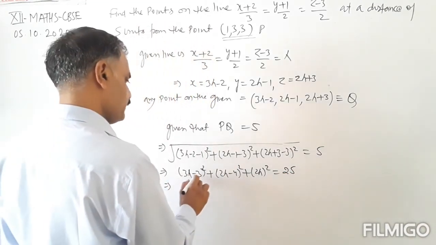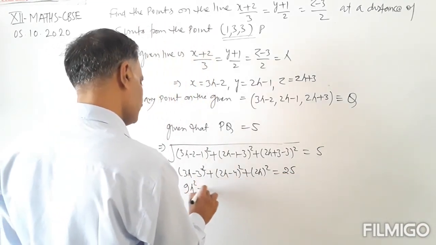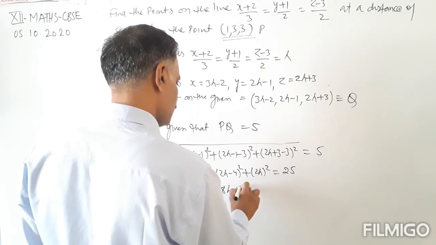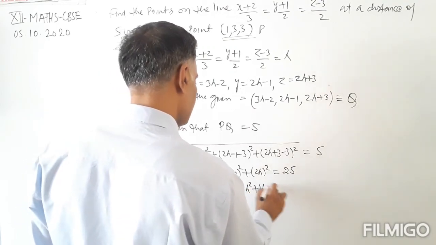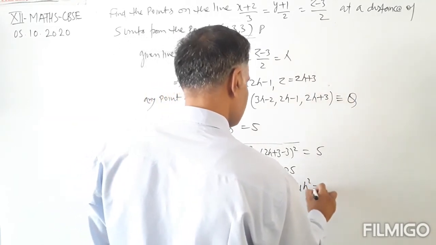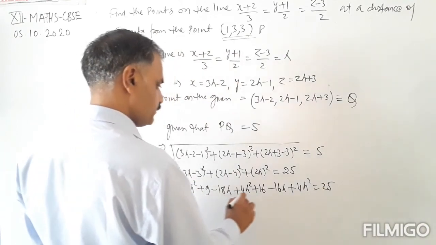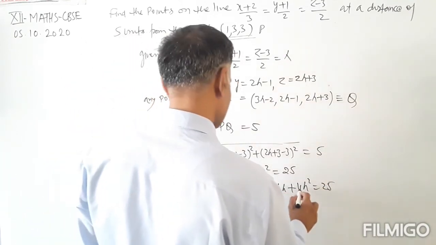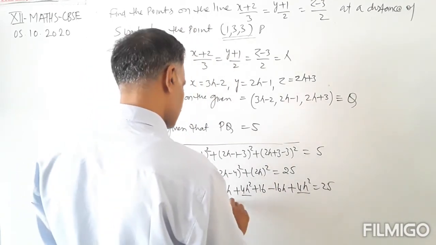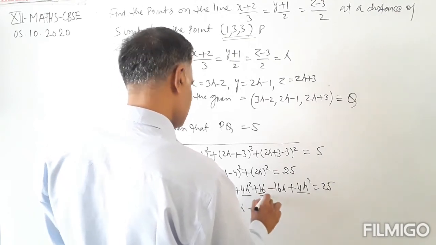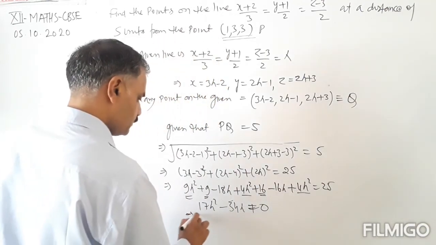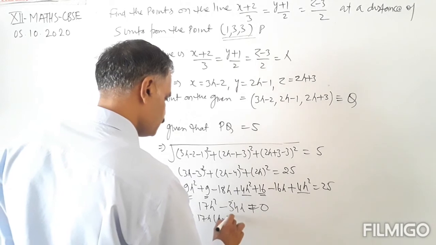So 9 lambda square plus 9 minus 18 lambda, plus 4 lambda square plus 16 minus 16 lambda, plus 4 lambda square equals 25. So 17 lambda square minus 34 lambda plus 25 minus 25 equals 0. So 17 lambda into (lambda minus 2) is equal to 0.